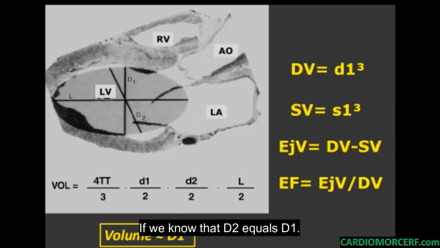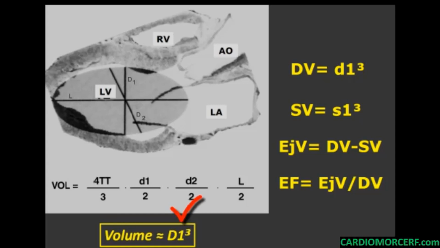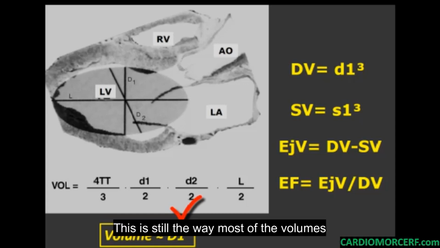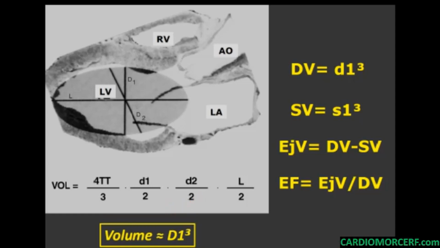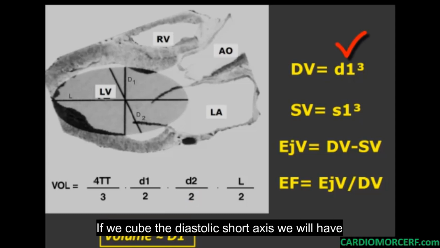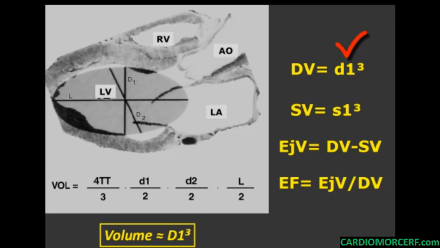If we know that D2 equals D1 and L equals 2 times D1, then solving this equation, we would have that the volume equals D1 cubed. Believe it or not, this is still the way most of the volumes of the left ventricle are calculated. If we cube the diastolic short axis, we have the diastolic volume.